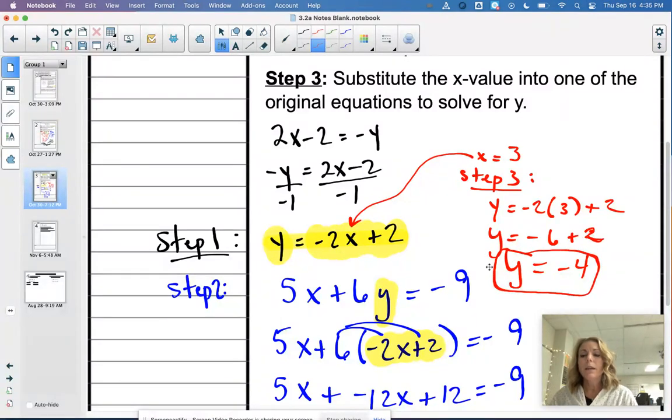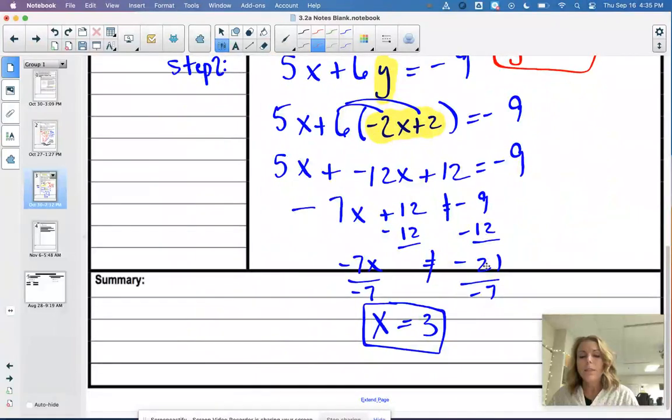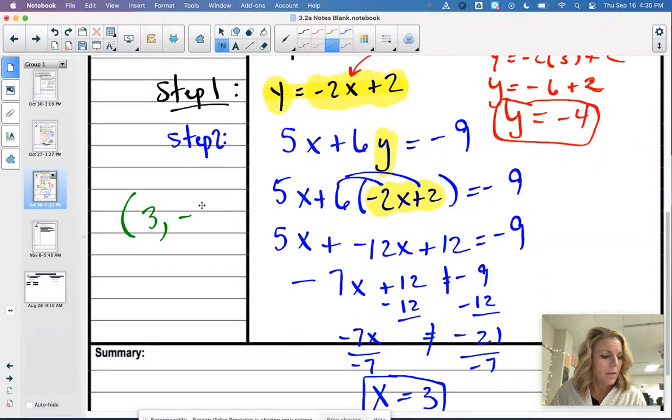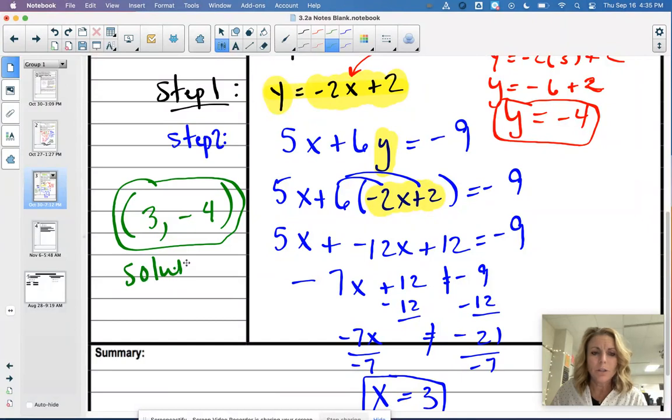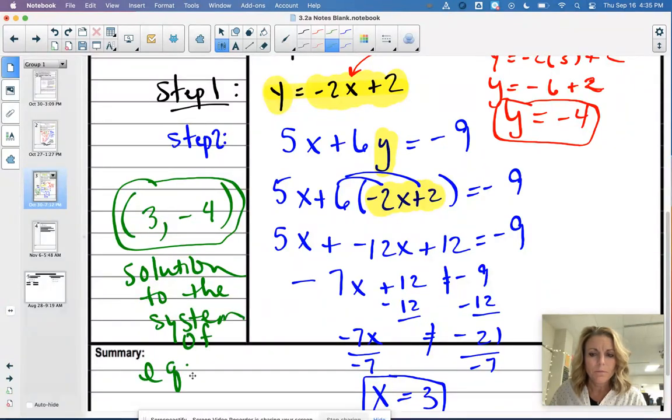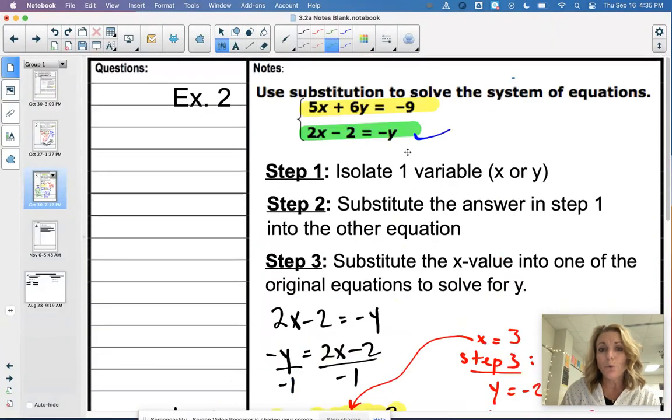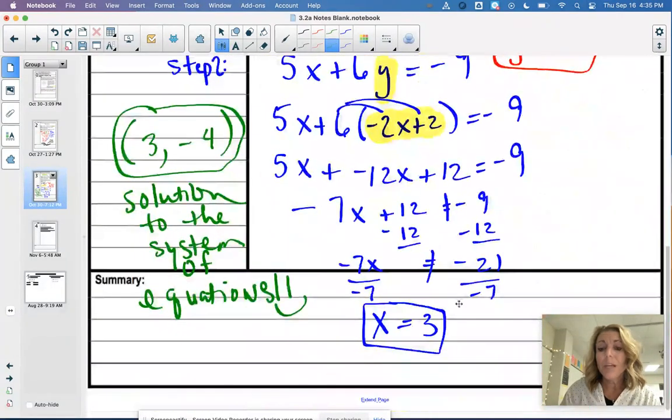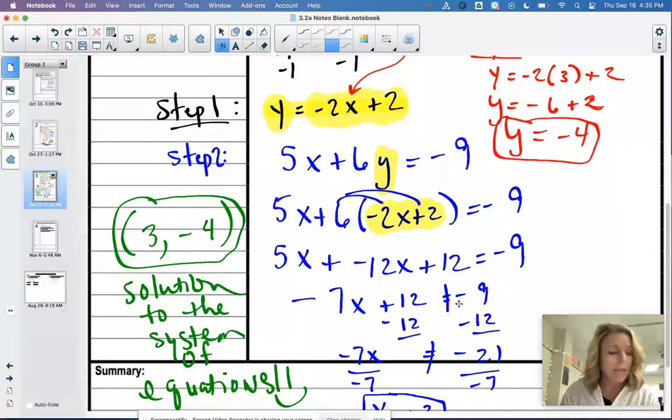We just created an ordered pair, and the ordered pair we just created is 3, negative 4. That is the solution to the system of equations. Again, if I graphed these two lines, they would intersect at the point 3, negative 4.